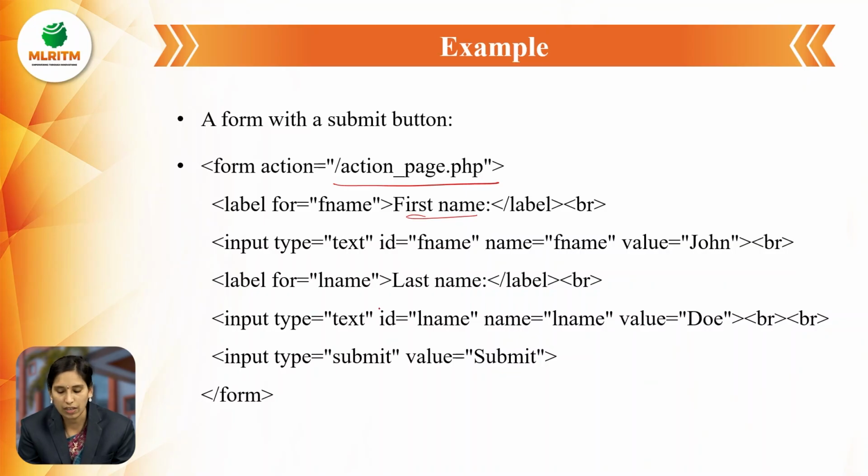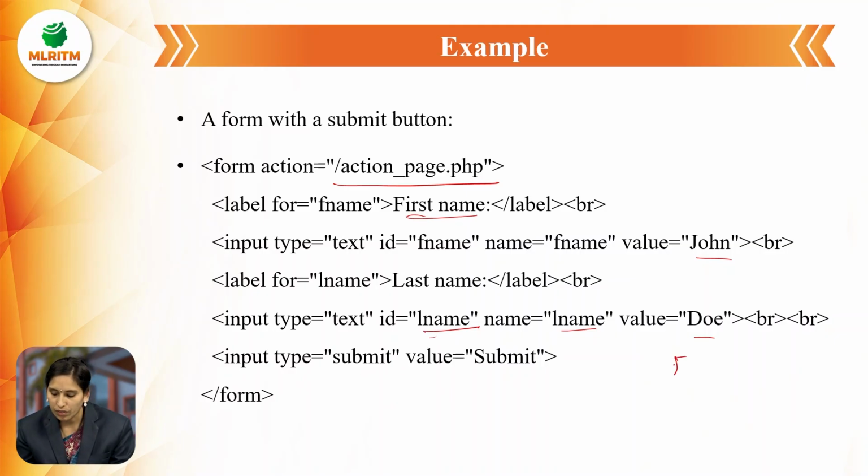The next label is for last name. Next, input type equals text, ID equals L name and name equals L name, value is John Doe. Then input type equals submit button.